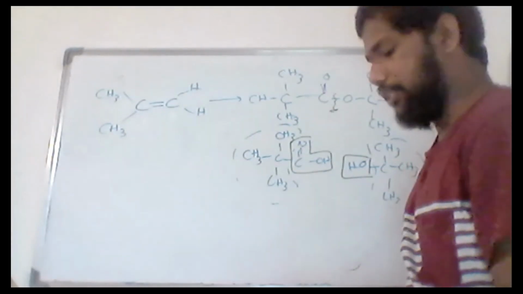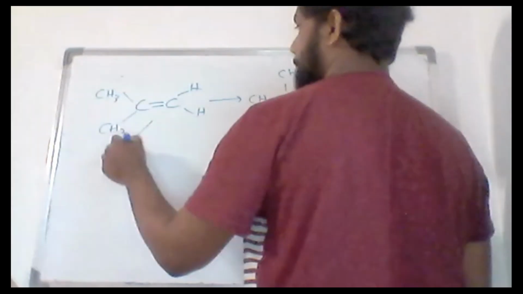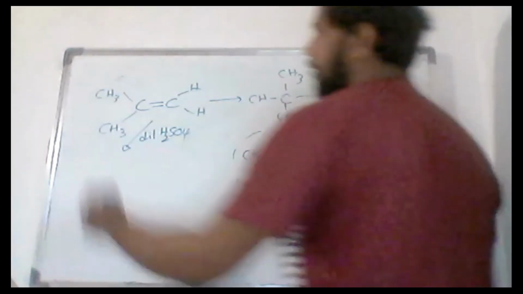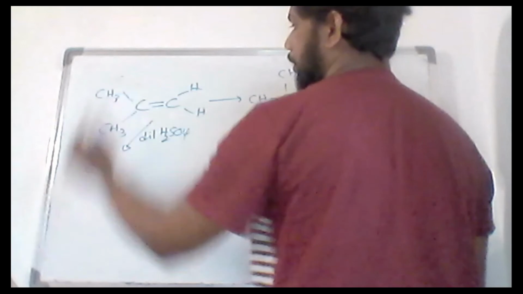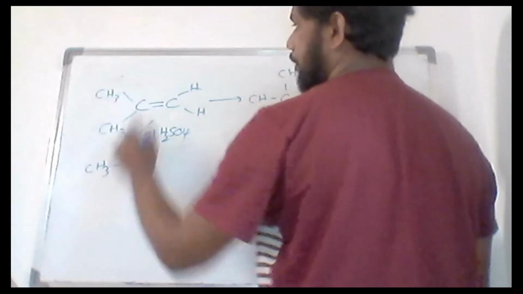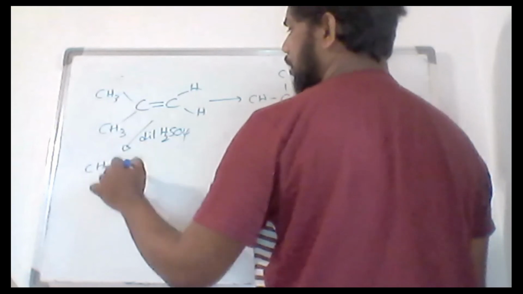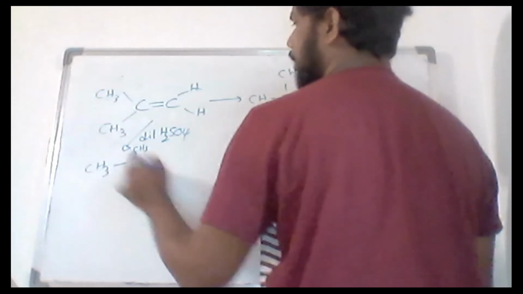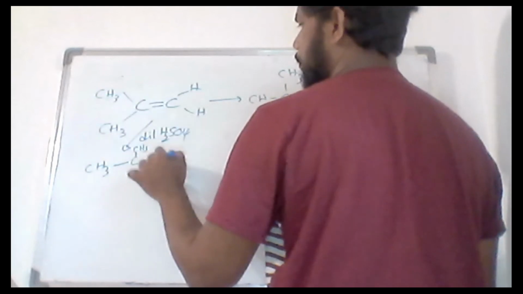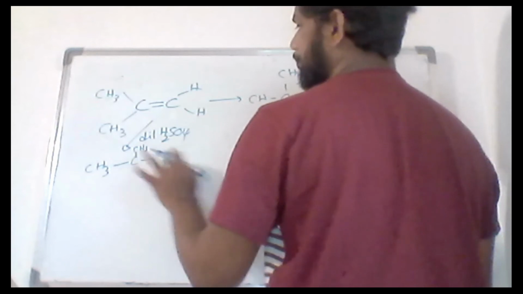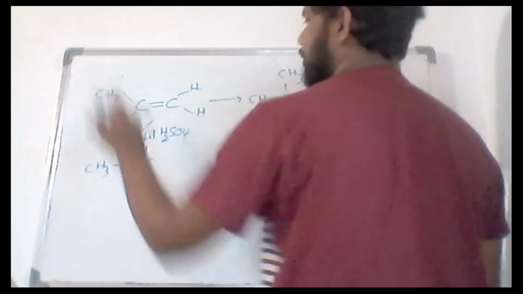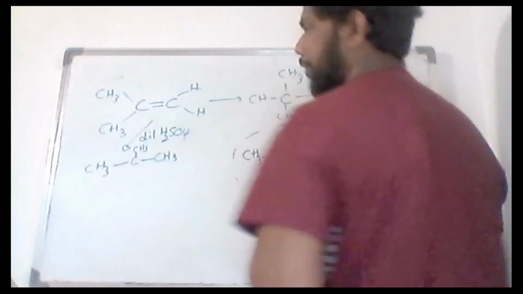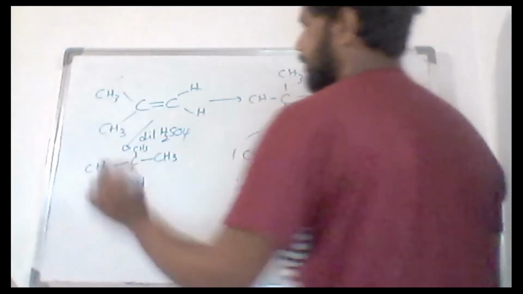So if I add dilute sulfuric acid, it will form CH3, and this carbon contains this CH3, this one and this one, and this double bond is now converted to single bond. Sorry for that. So these two are CH3 groups, and this carbon is this, and here there will be a hydrogen added, so this will be a CH3 group, and there will be this OH that is added.